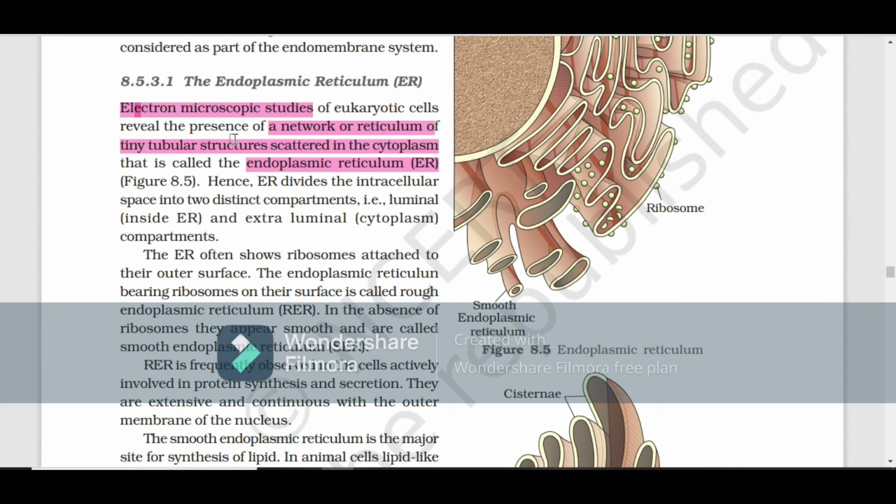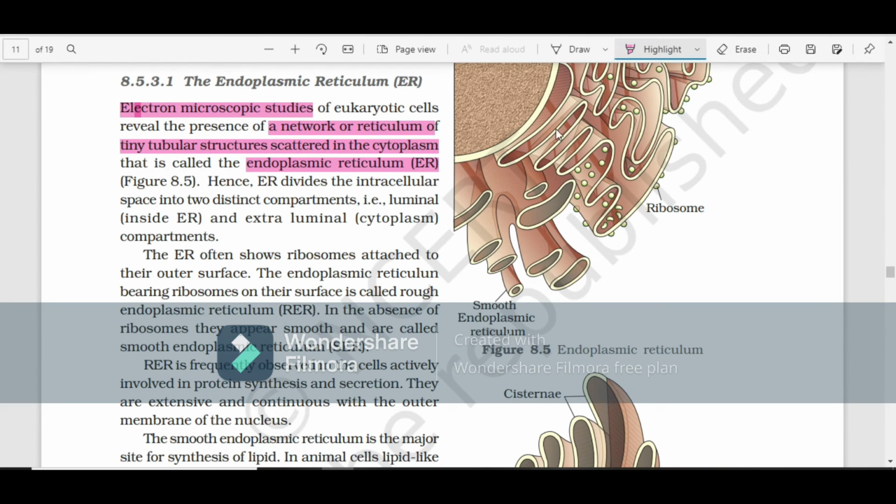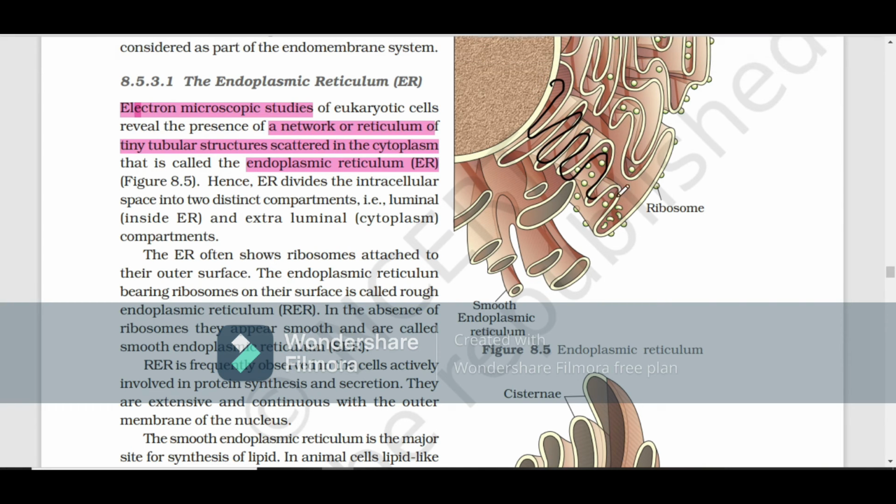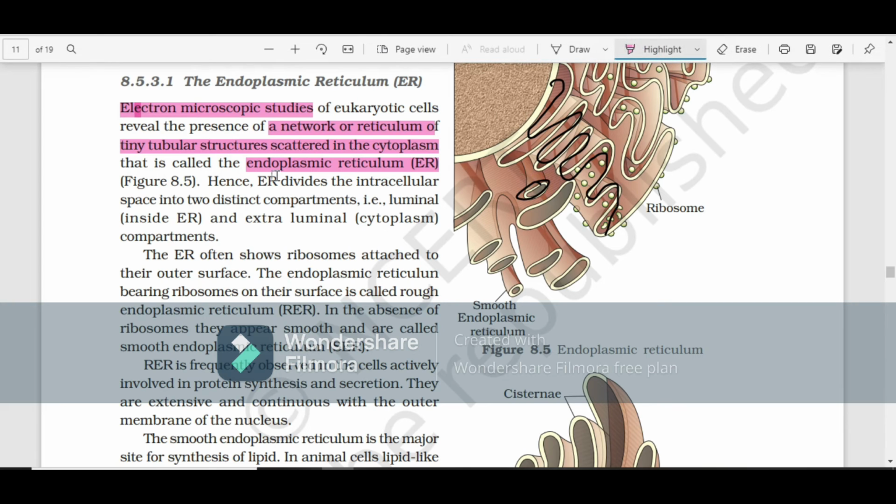Yeah. So now coming back to the endoplasmic reticulum. It's a network or reticulum. If you see this, it's not properly arranged. It's kind of like this, right? So it's scattered in the cytoplasm, and this is called the endoplasmic reticulum.